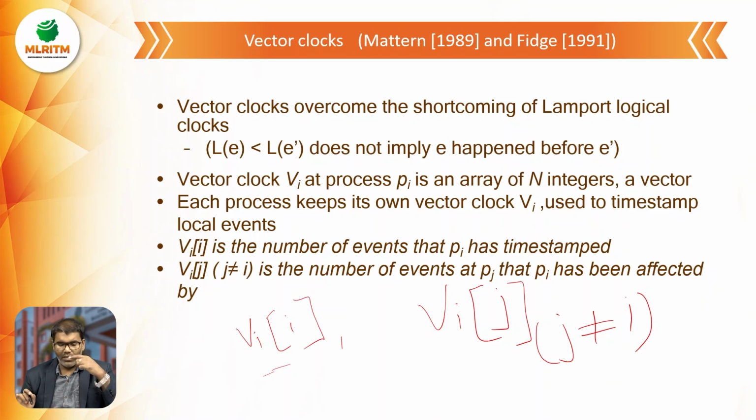Here j is not the same as i. That's why j is not equal to i. But i equal to j can happen, while j not equal to i means Pi is affected by Pj.